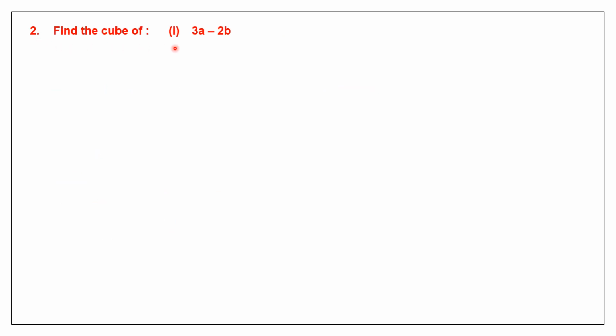Question 2. Find the cube of. Now the first one here is 3a minus 2b. So we're going to find the cube of 3a minus 2b, and we're going to use the expansion. Now what is the expansion for a minus b the whole cube? The expansion is a cube minus b cube minus 3a square b plus 3ab square.